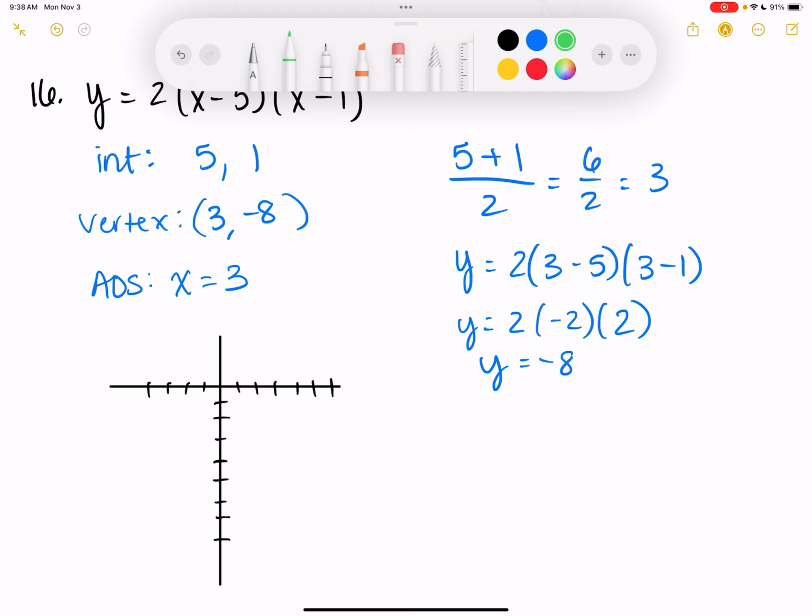All right, so at x equals 3, I have my axis of symmetry. Vertex at 3, negative 8. Intercepts at 1 and 5. And then just connect it.